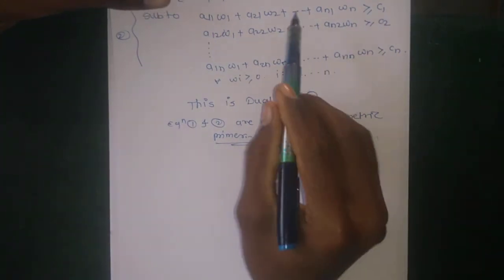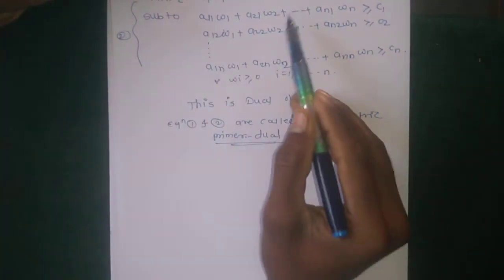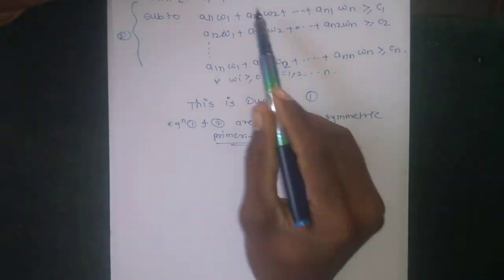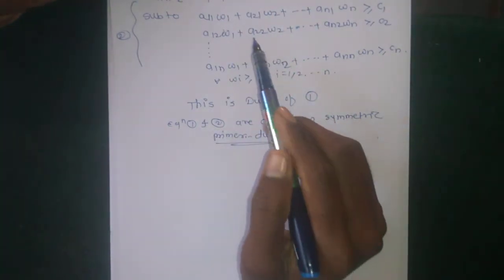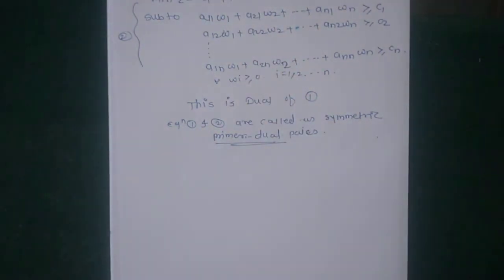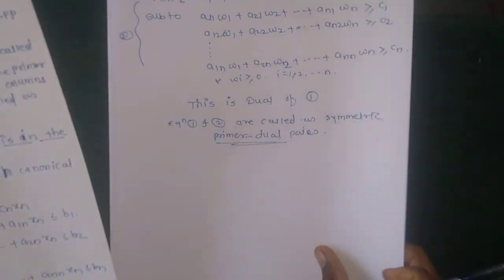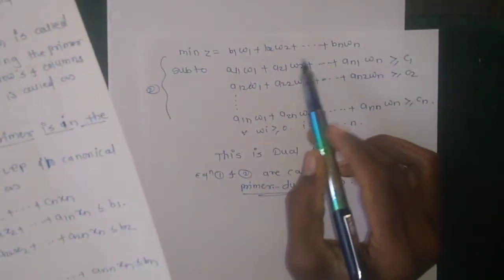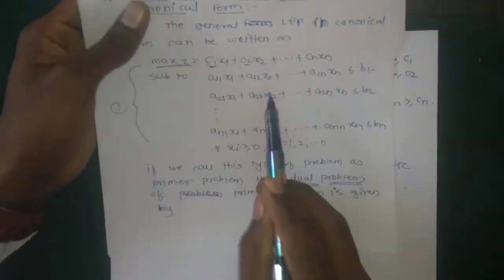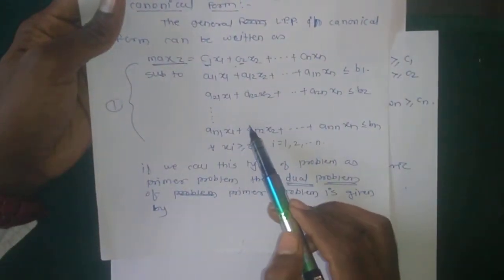Suppose this is a given primal problem, then its dual must be written like the above. If the primal problem is given in this way, then its dual must be written in this way.